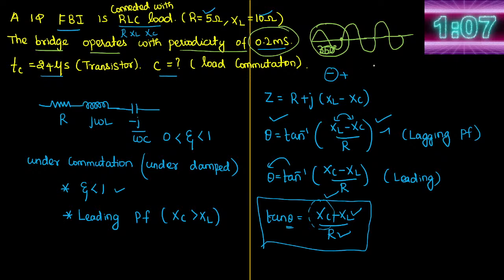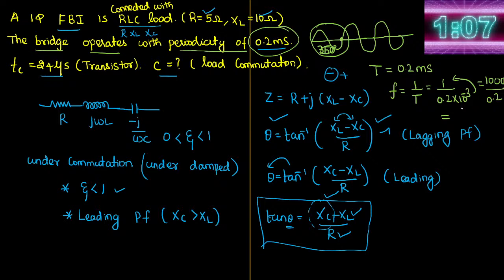Fine, sir. So from this, the fundamental time period of the cycle is given as 0.2 millisecond. From this I can easily find the frequency, which will be 1 by T. So 1 by 0.2 into 10 power minus 3. We can bring this 10 power minus 3 to the numerator. It will become 1000 upon 0.2. You can cancel it further. How?